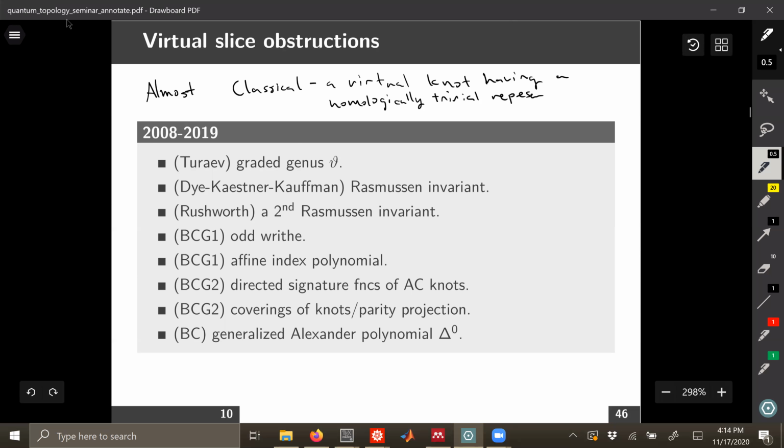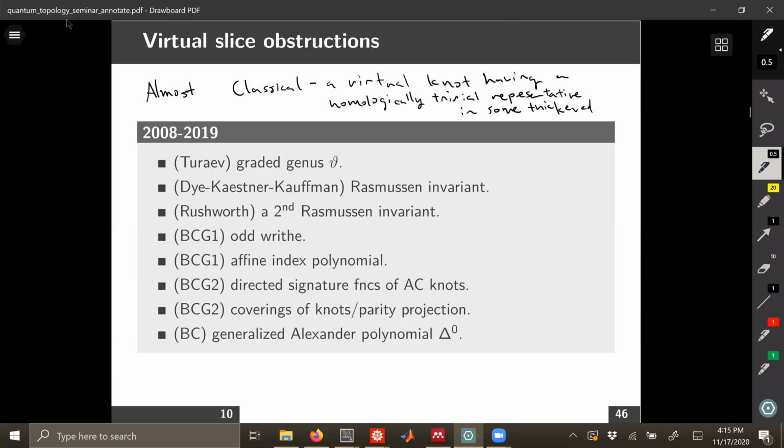And so this is a special class of virtual knots. Because they're homologically trivial, they bound Seifert surfaces, and you get interesting obstructions coming from the Seifert form of those.